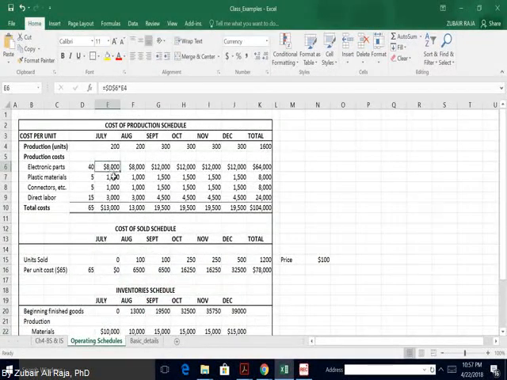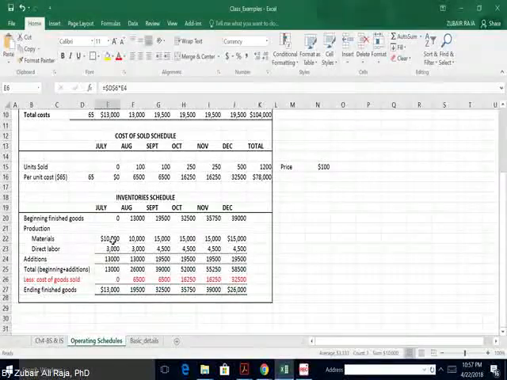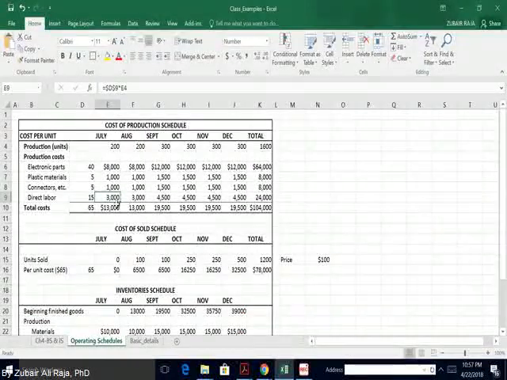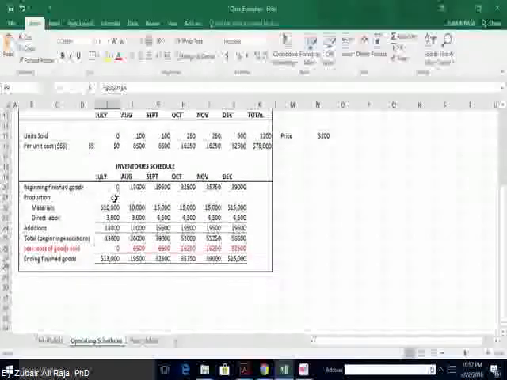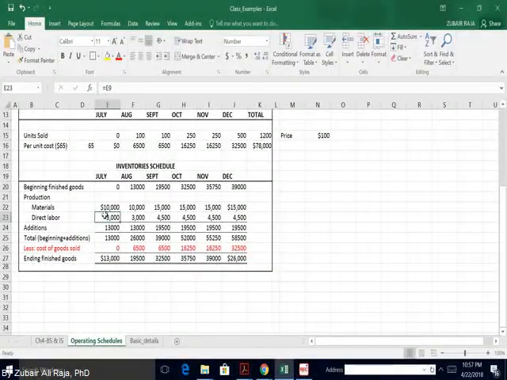So this is E6 all the way to E8, this one. Then there is a direct labor which is used to assemble those 200 units in the month of July. So that is 3,000 direct labor. This 3,000 is coming as it is over here. If you add these two together, you'll get 13,000.